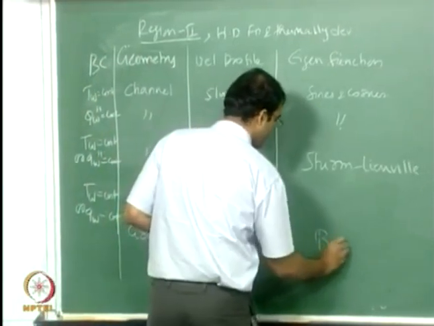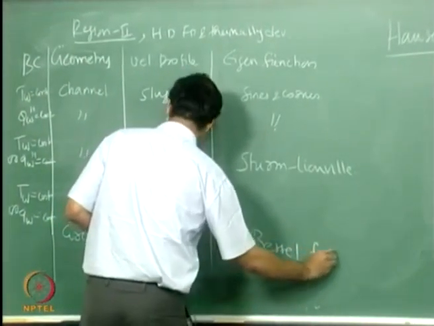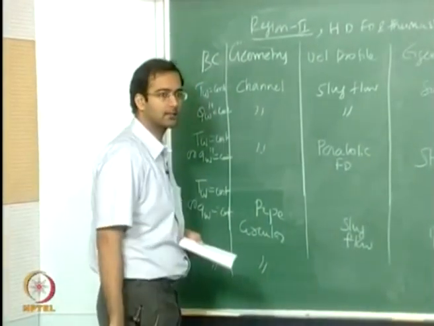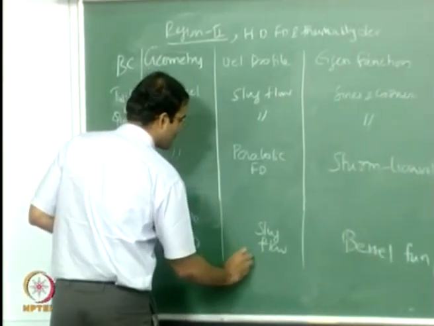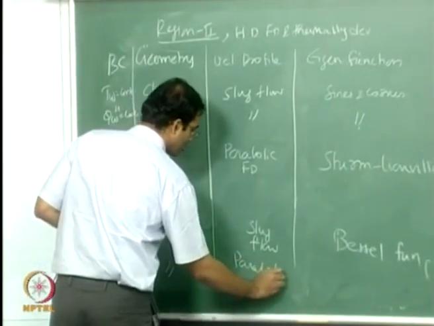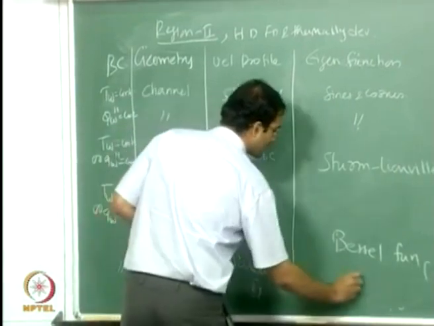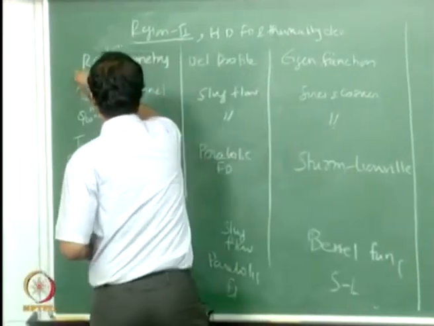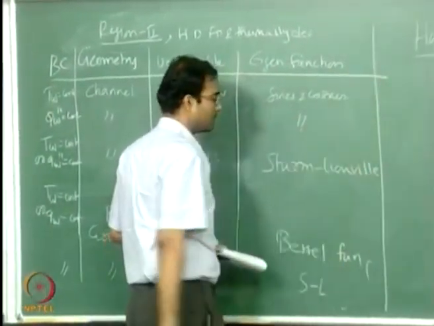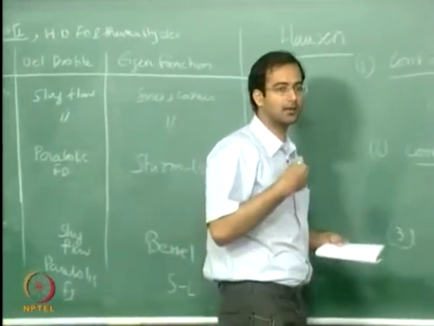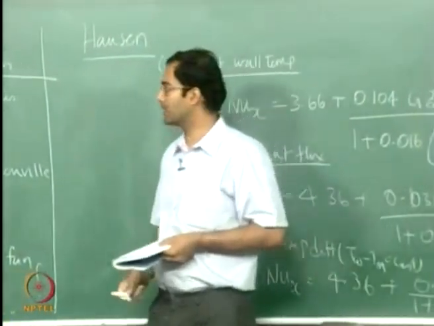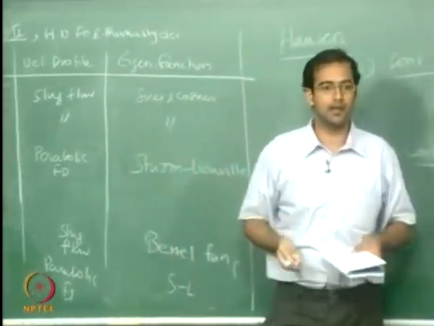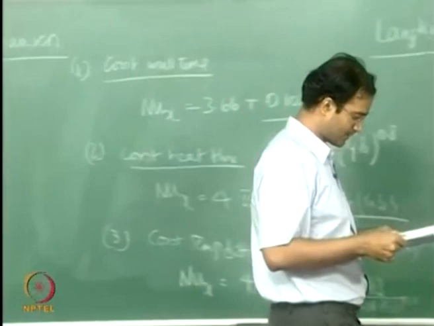Okay, and the same boundary conditions, circular duct, and if you have parabolic fully developed, then it will be Sturm. So please take note of this. So when you solve any kind of problem, whether it is a channel flow or pipe flow, depending on the boundary conditions, depending on the velocity profile, you may alternate between either of these kinds of equations.